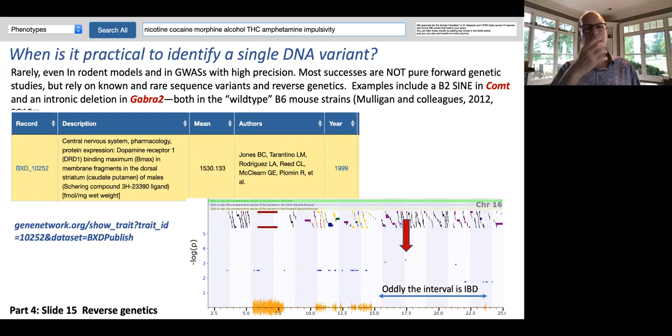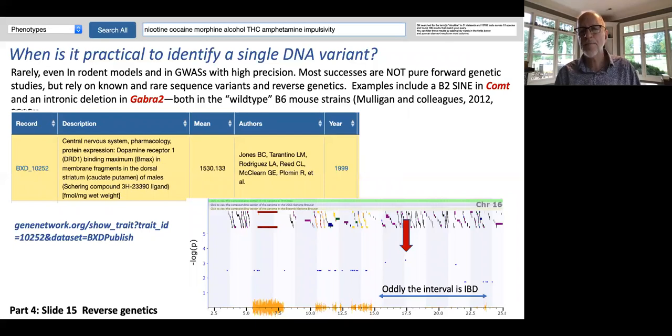This is a lovely analysis of when it is possible to get to the variants. In this case, we have another one of Byron Jones's traits, actually the same trait I showed you before. Yes, this is the Bmax in the striatum.